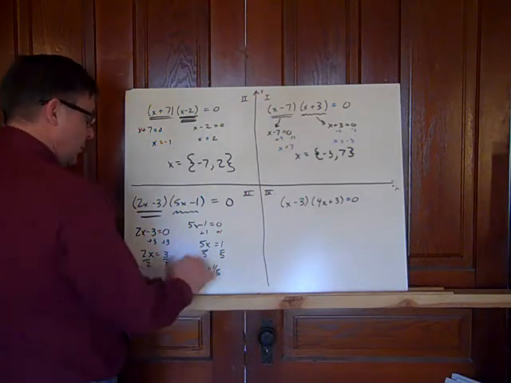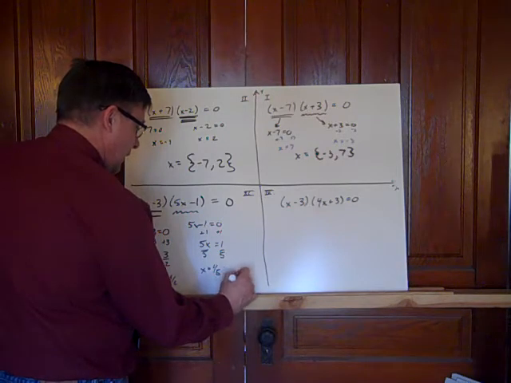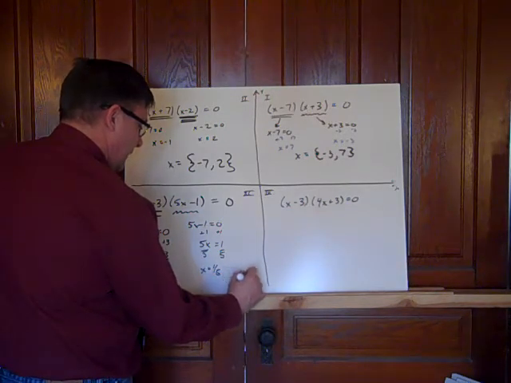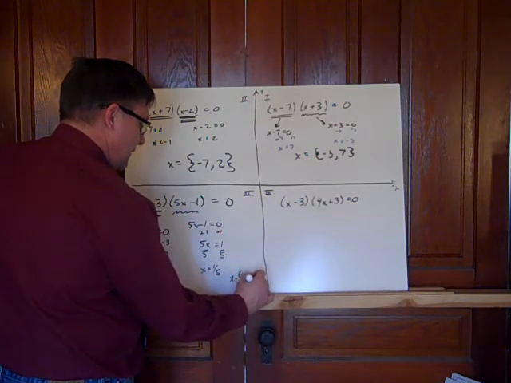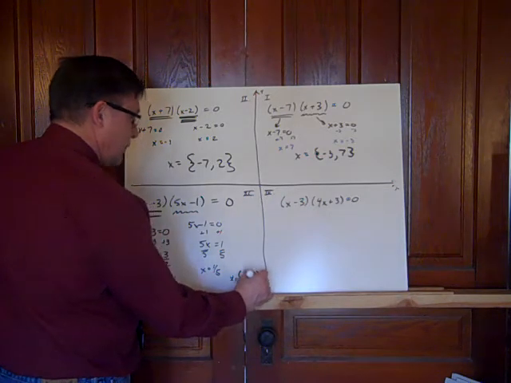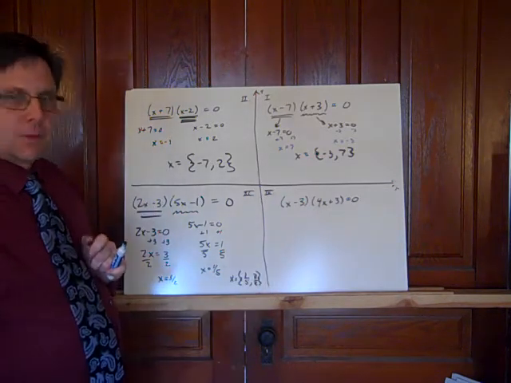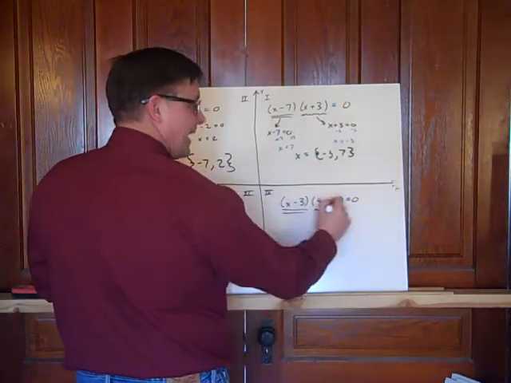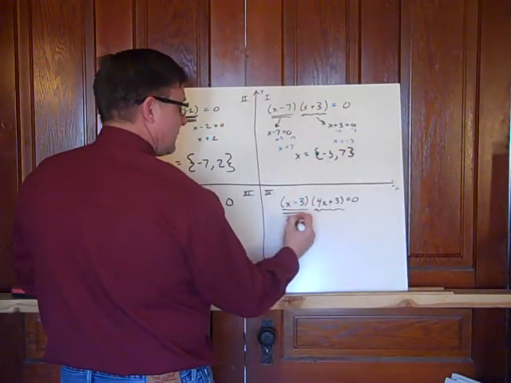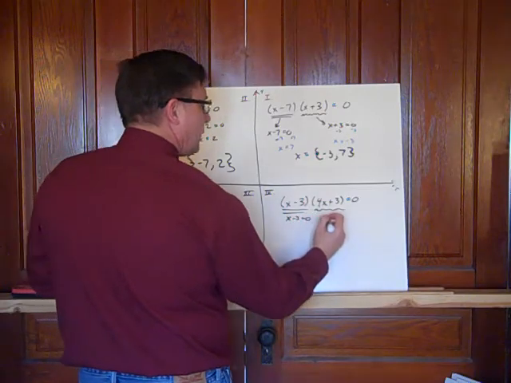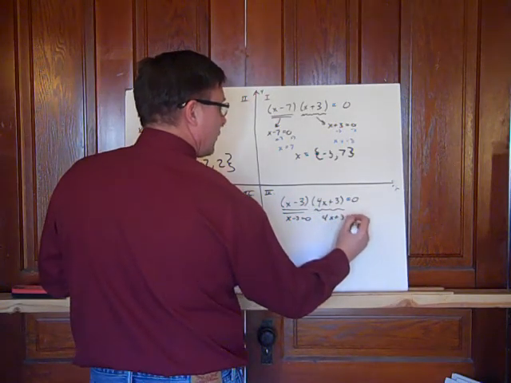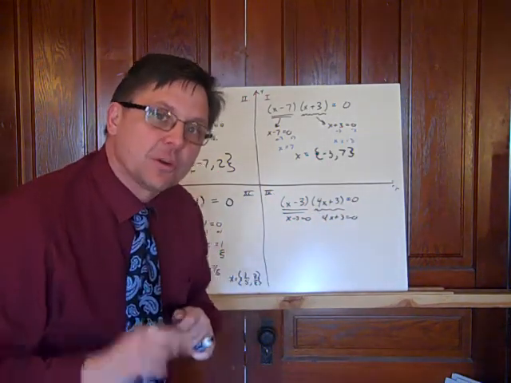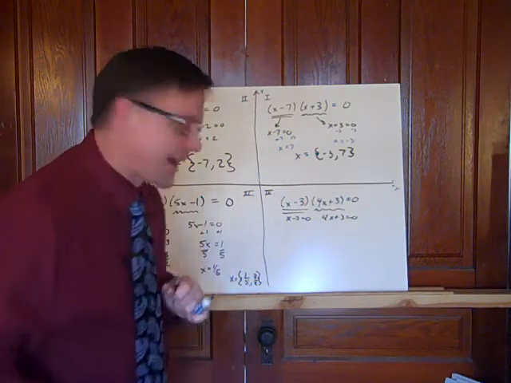Alright, here we go. And my answers are 1/5 and 3/2. And again, if I check them, they work. Alright, quadrant 4, I'm going to go kind of quick to keep this video short. I have A times B, and I have a 0. So I go x minus 3 equals 0, and I go 4x plus 3 equals 0. Setting them equal to 0, solving the equation, don't look for opposites.